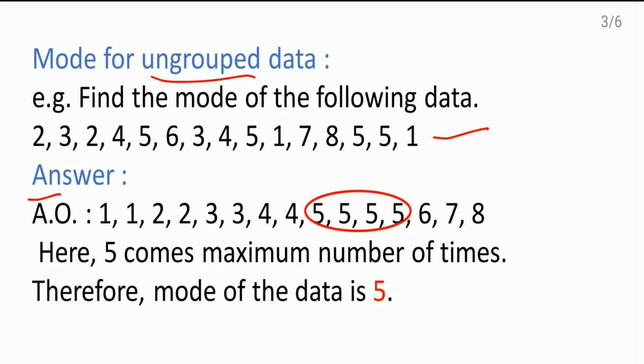Then look at which observation comes the maximum number of times, or whose frequency is more. So here 5 comes the maximum number of times, therefore the mode of the data is 5. Very simple. Whenever the data is small, always write it in ascending order and find the mode.